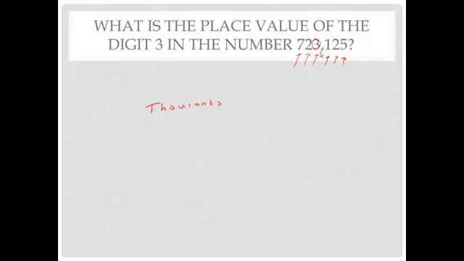Now if you had a decimal number, so in this case the 3 would be in the thousands place, that would be the place value. But if we had a decimal number, for example, let's say we had 7.251. Now the numbers to the right of the decimal, you start counting a little bit differently.